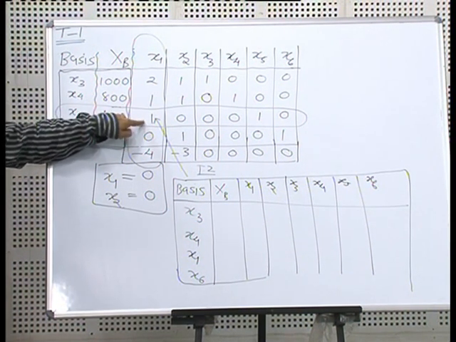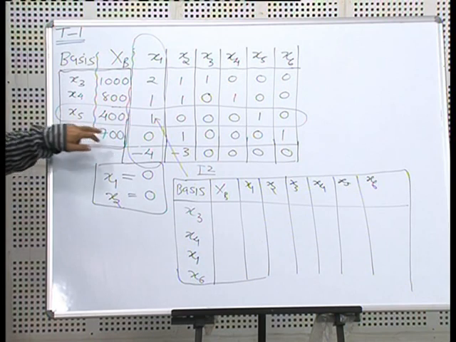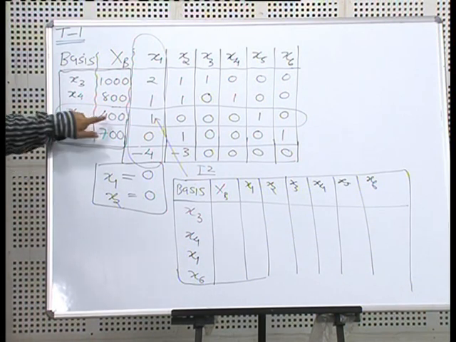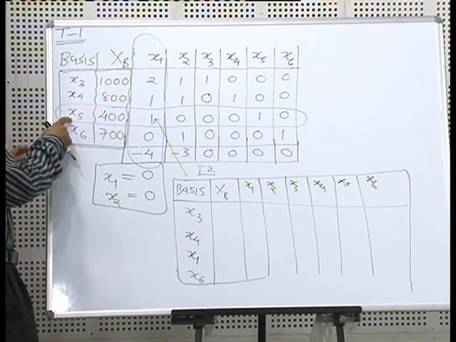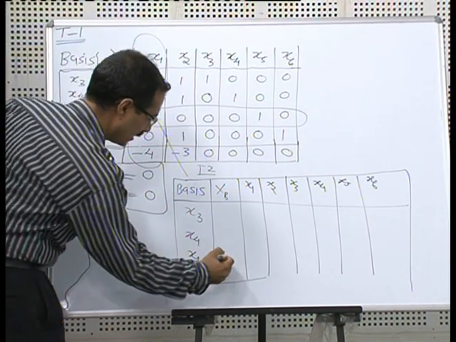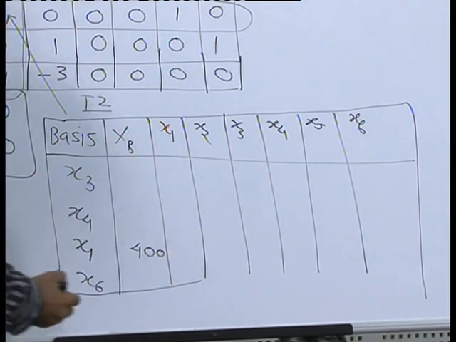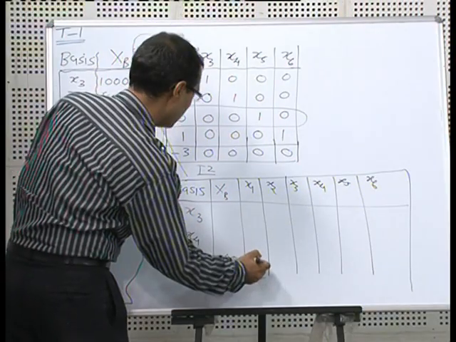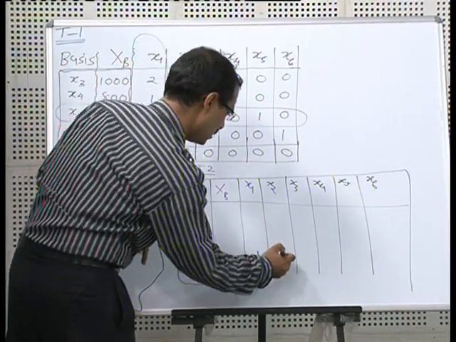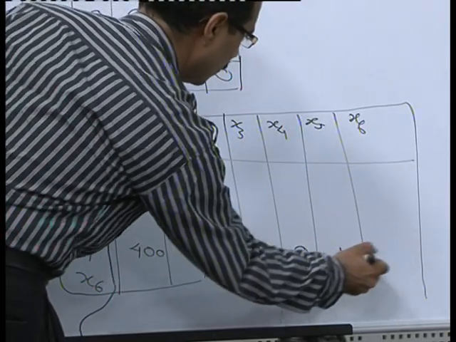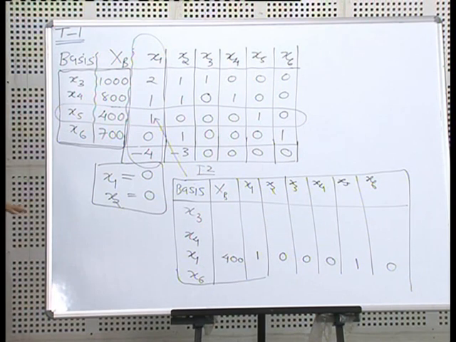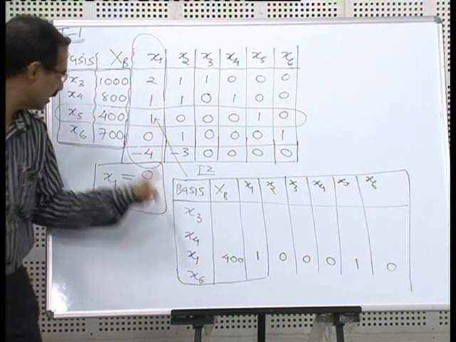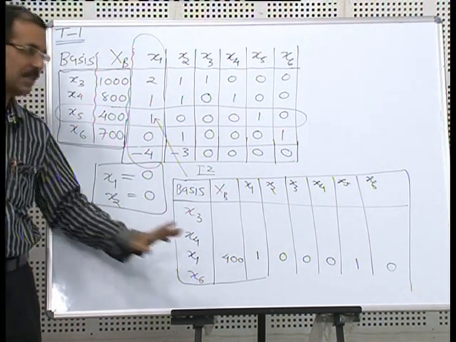Luckily, the key element is a wonderful element 1. So if we divide by that, we are not affected, and the row will be as it is. So x5, which is now x1, that row will be as it is. That is 400, then 1, 3 zeros and 1 0. So that row is filled. At least a bit of work is done, that special selected row is filled in.